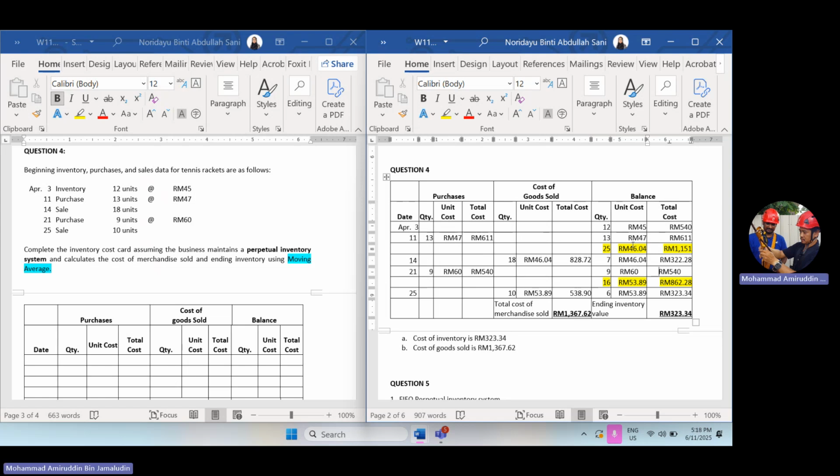But looking at the term itself, average cost, I should know how many units I have and how much total cost I currently have. Then I simply divide. Why do we call it average? Because we have two different batches of stock, so I take the average. That's how it works.